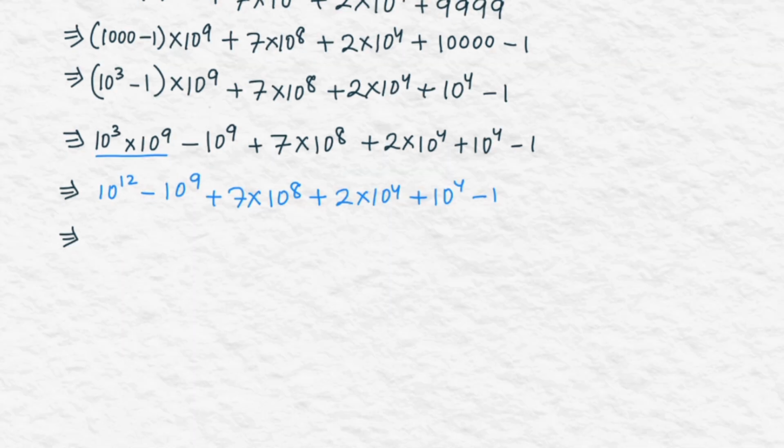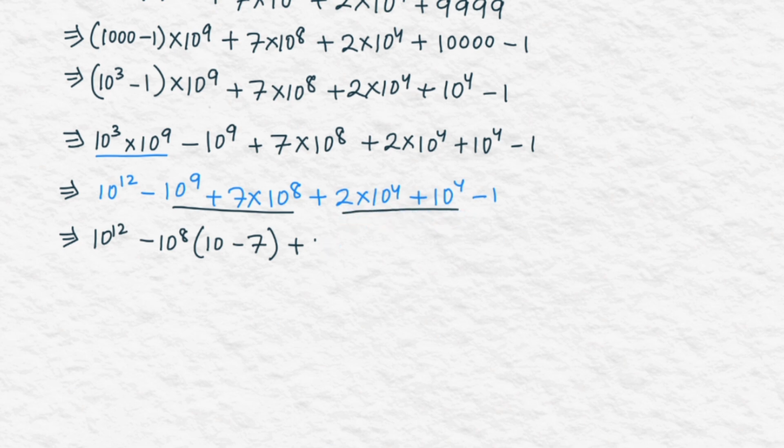Now we'll solve further. We'll write 10 to the power 12 as it is, and now we can take minus 10 to the power 8 common out of this. So after taking 10 to the power 8 common from this, we are left with only 10 and then minus 7, and this 10 to the power 8 we have already taken out of the bracket. Then we'll take 10 to the power 4 common out of both terms.